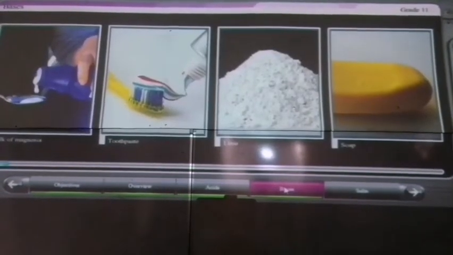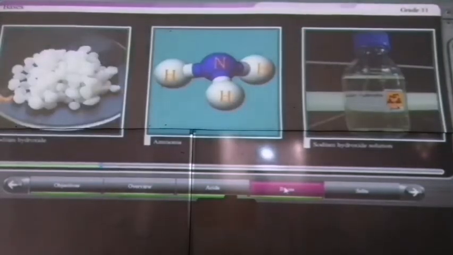You know that milk of magnesia, toothpaste, lime and soap were classified as basic compounds. Most of the bases are solid compounds. Ammonia is a gas which shows basic properties. Aqueous solutions, prepared by dissolving bases in water, are used for laboratory experiments.